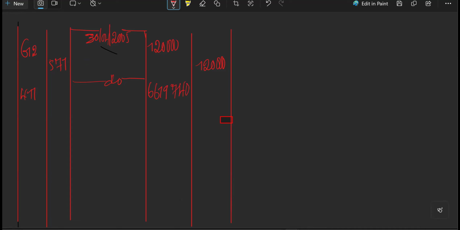Okay, and then we had the discount that was given to the customer, 673, at 341,460.